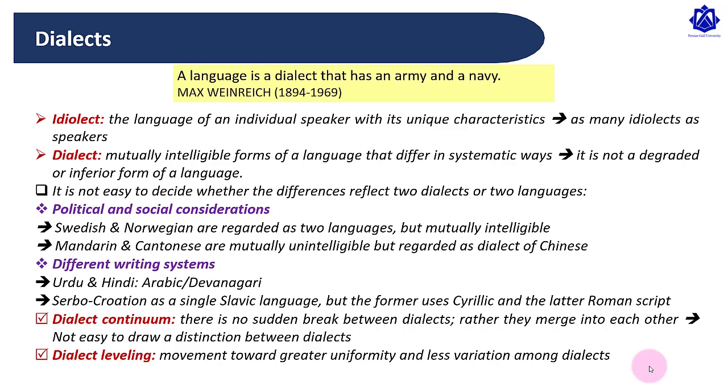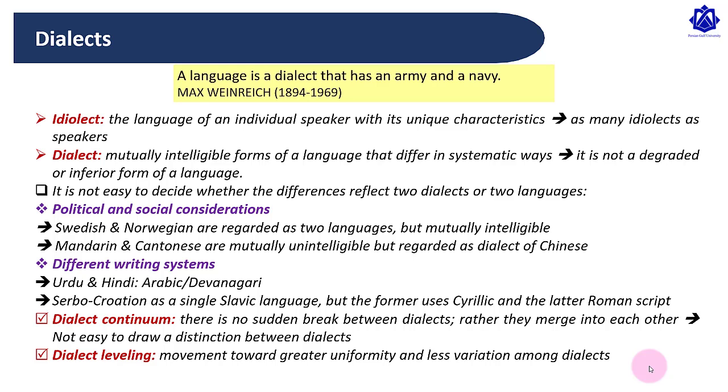That is, they can understand what the other person is saying. When it becomes mutually unintelligible, then we are encountering a different language. So mutual intelligibility and systematic differences have been mentioned as criteria for distinguishing dialects and languages.